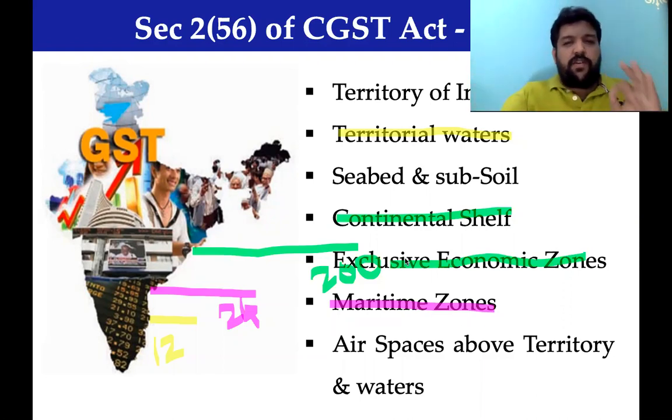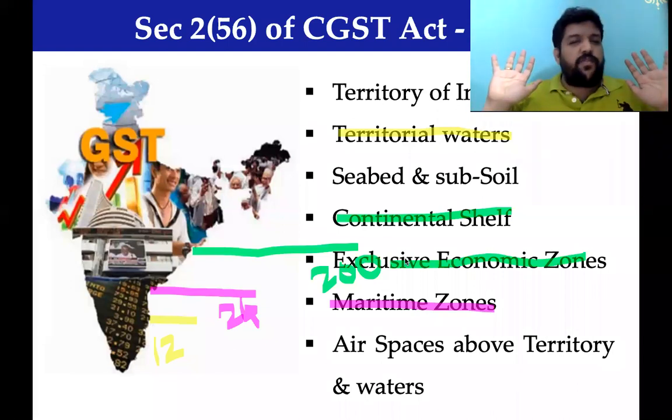Discovery Channel wants to have an under-the-sea activity of the Bay of Bengal. At the 124th nautical mile, they went under the sea and took some photos, videos and all. Does it happen in India, or does it not happen in India?